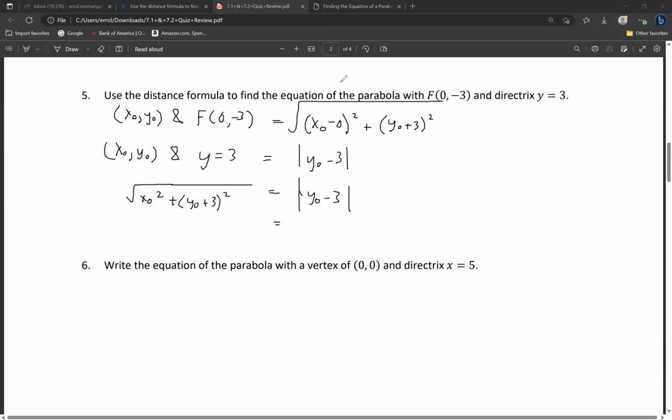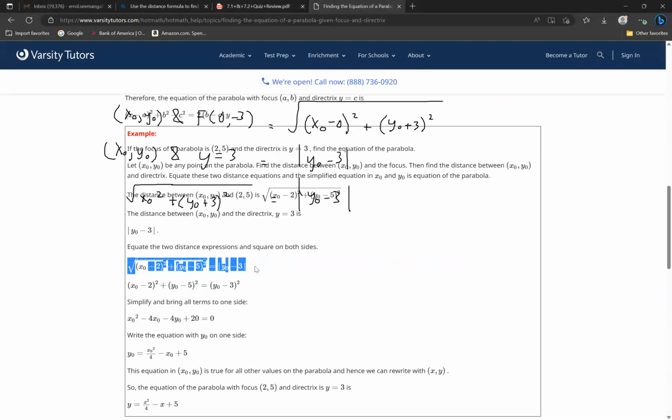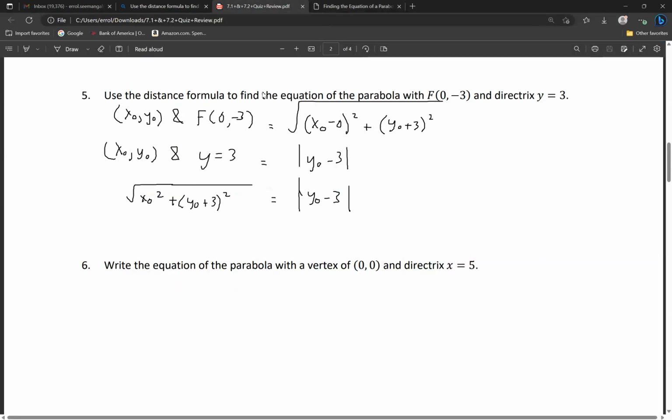Okay, so now let's clean this up a little bit. Let's see what they do. They equated each other, and then they squared both sides. If we square both sides, the left side radical will disappear.